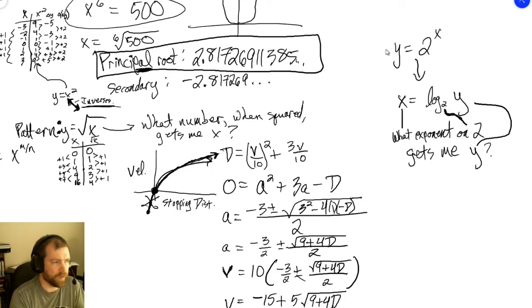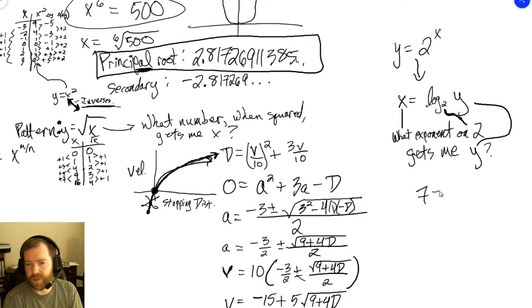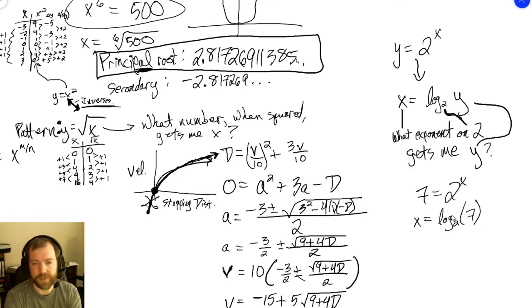We're trying to find the exponent x given a value y. So again, 7 equals 2 to the x. How do we do that? That's saying what exponent are we going to get? That's our x here, on a base of 2, that's going to get me this 7 value that's here. So x equals log base 2 of 7 is going to be the equivalent form, and it allows us to solve this equation.